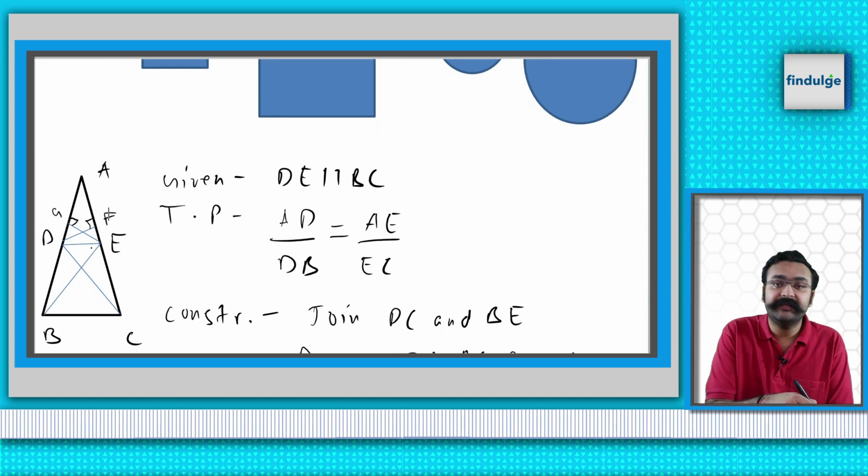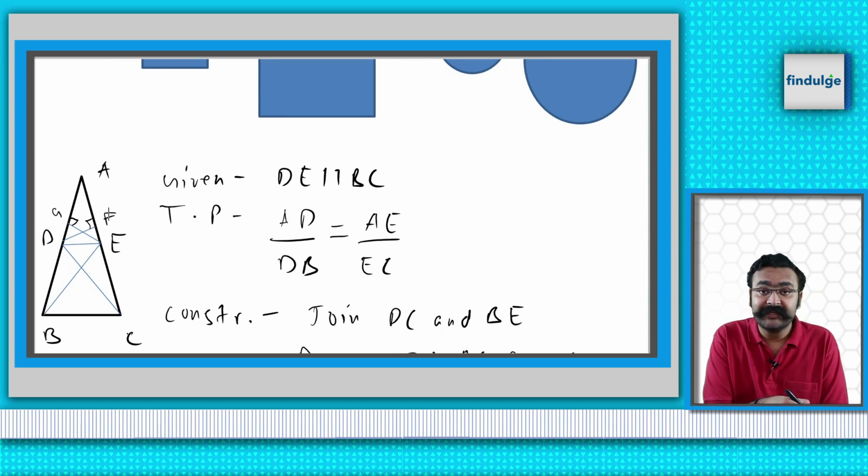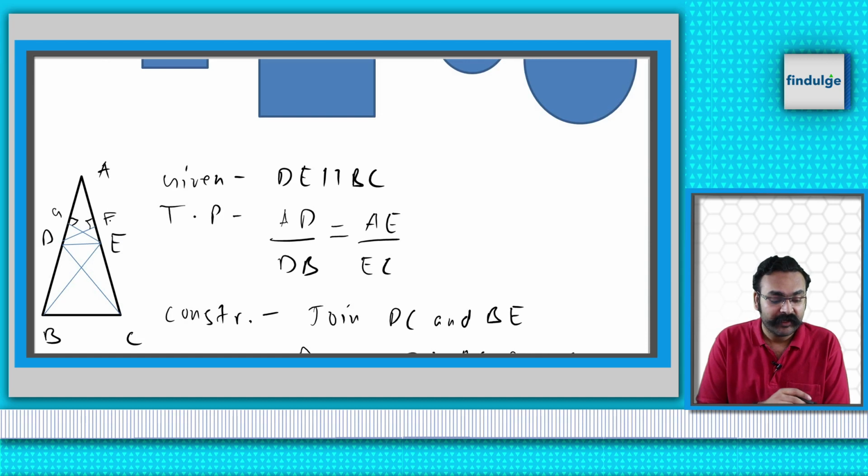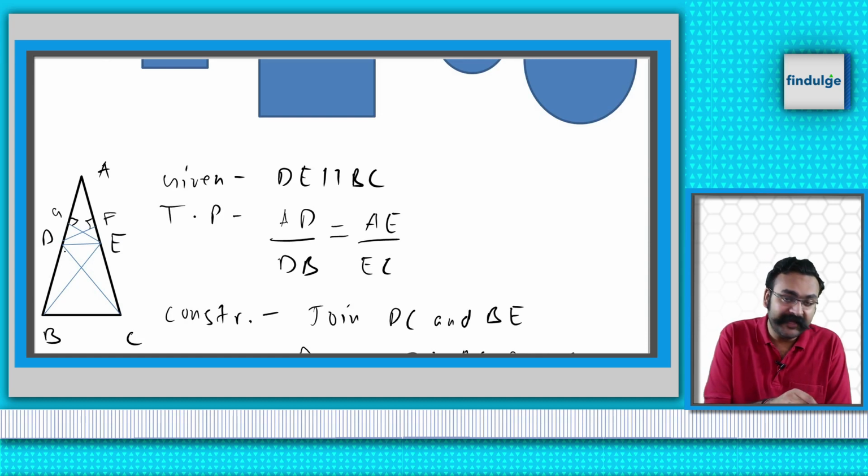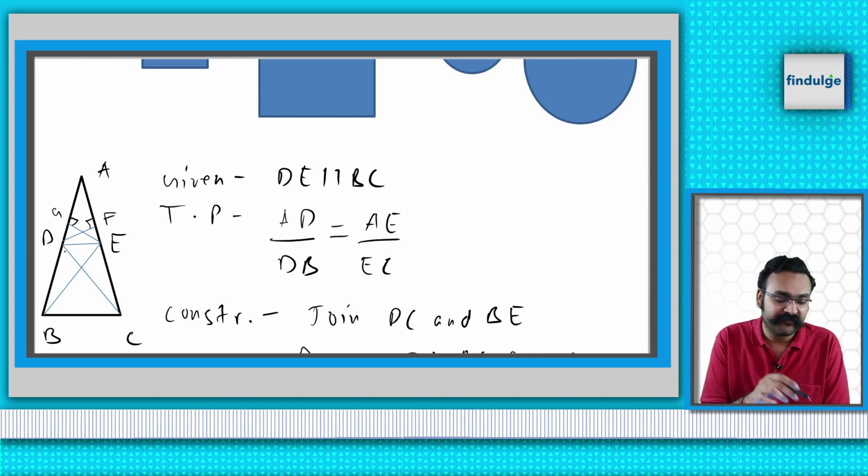Now area of triangle DEC, which we see is over here, if I take EC as the base, the altitude will be DF. So that means area of triangle DEC is half into EC into DF. Similarly, area of triangle DEB, by taking DB as the base, will be half into DB into EG. So let's write these two first.